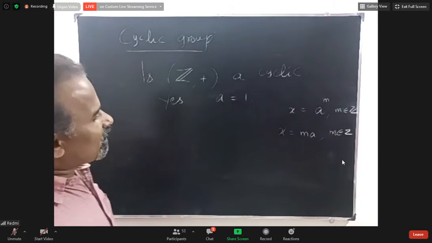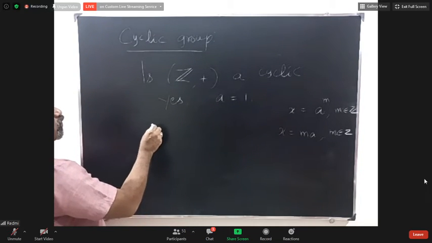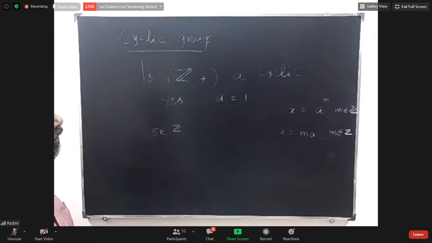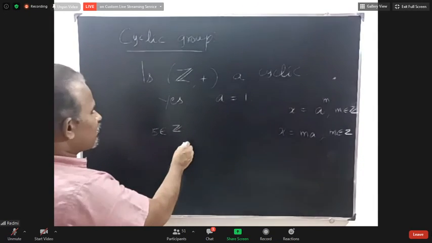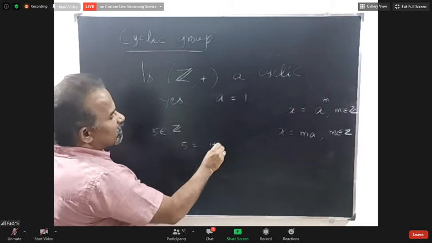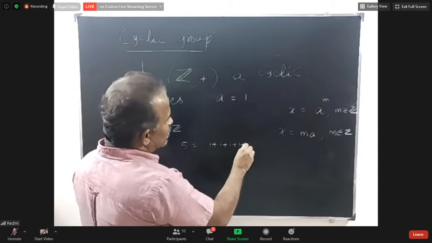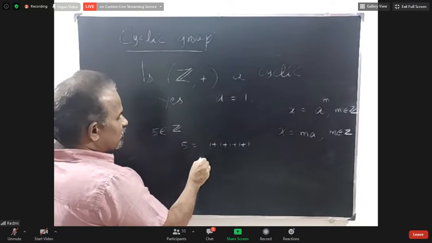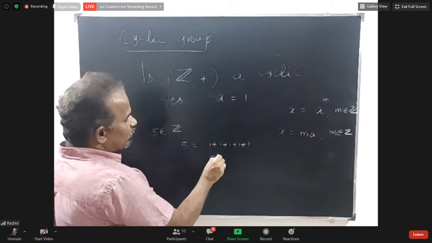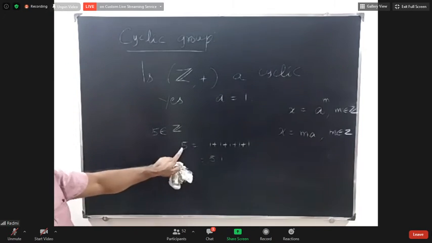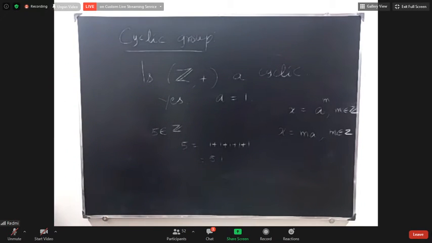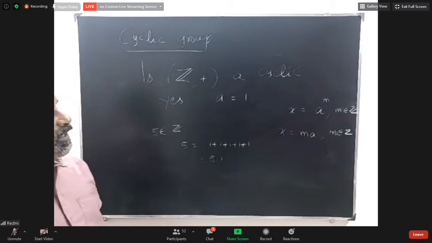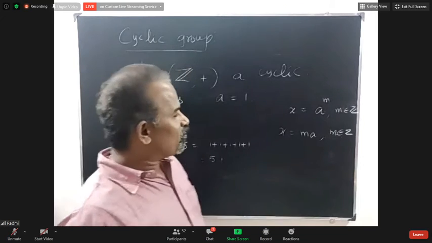Suppose I take 5 from Z. 5 can be written as 1 plus 1 plus 1 plus 1 plus 1, five times. So x can be written as 5 times 1. And 0 is 0 times 1, because m belongs to Z and 0 belongs to Z.